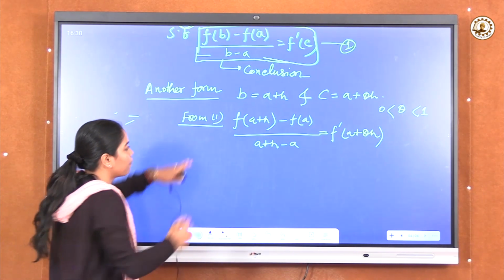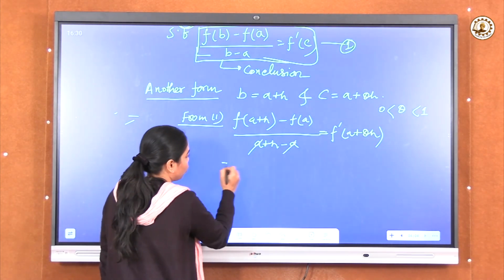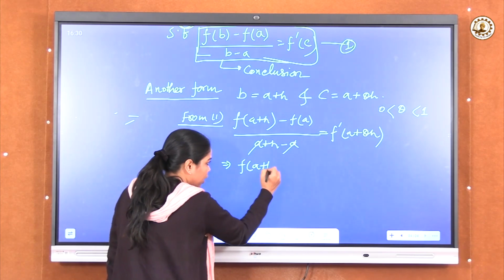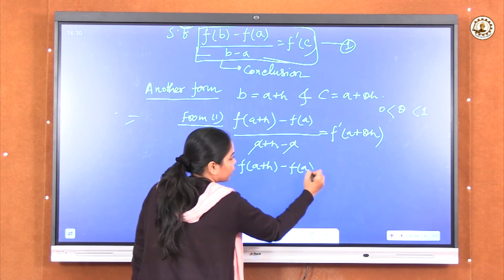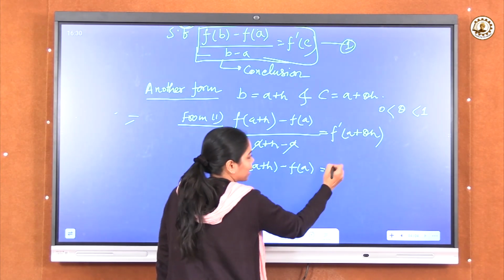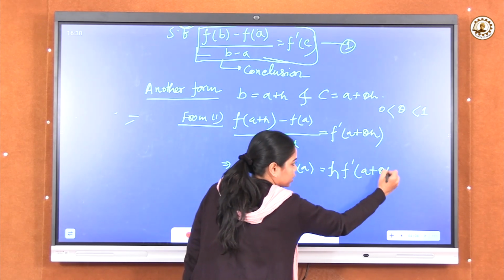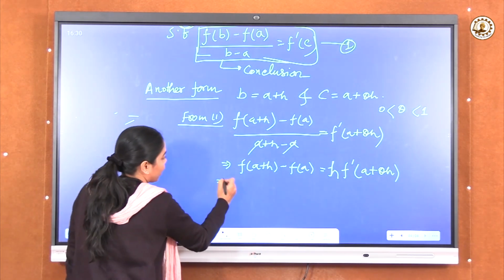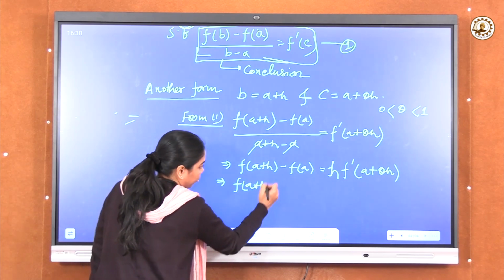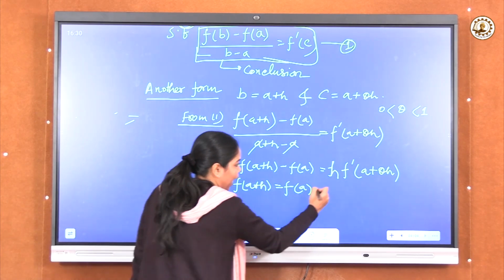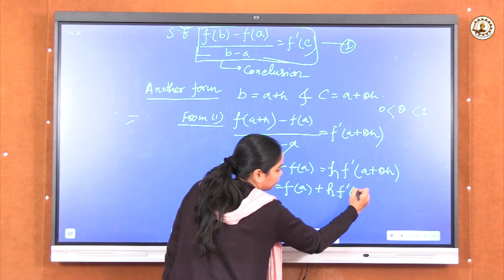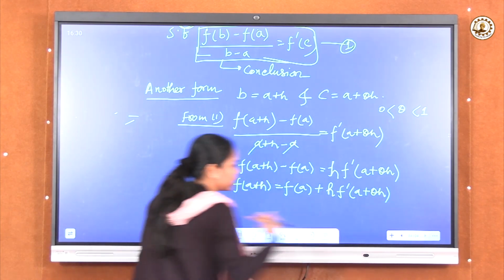Now plus a minus a cancel. So f(a plus h) minus f(a) will be h into f dash (a plus theta h). So f(a plus h) will be f(a) plus h into f dash (a plus theta h).